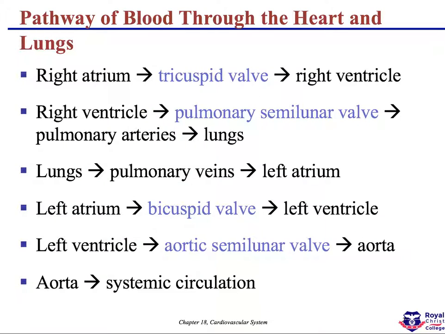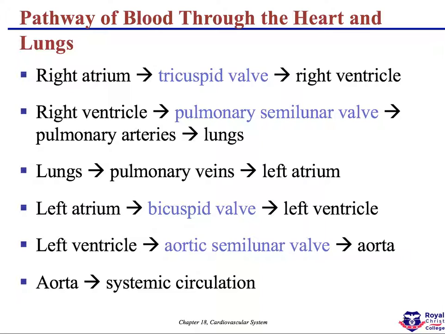So, pathways of blood through the heart and the lungs, which should be commonly simple to you if you're watching a video like this. The right atrium obviously has the tricuspid, or in the words of me, I like to say right atrioventricular valve. That pushes the valve open into the right ventricle. Then the right ventricle pushes the blood through the semilunar valves into the pulmonary arteries, and then off into the lungs.